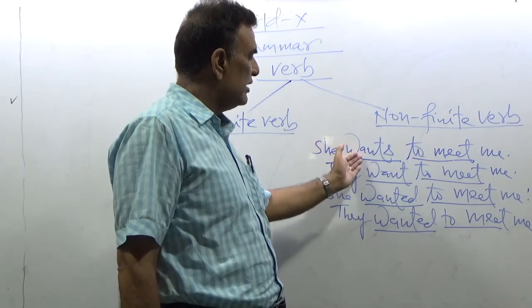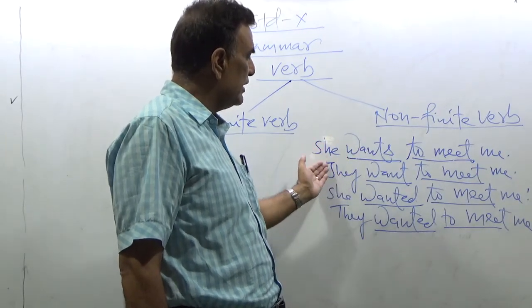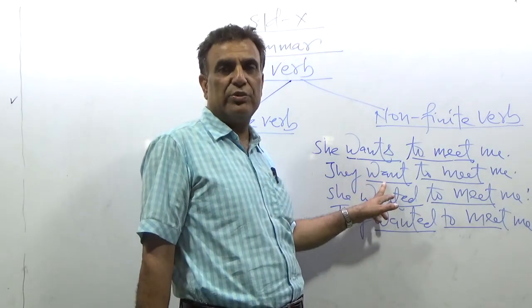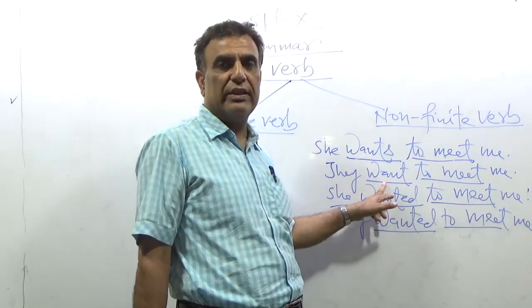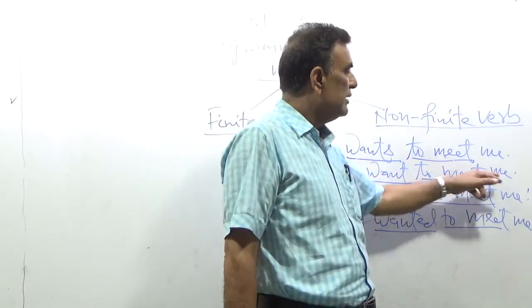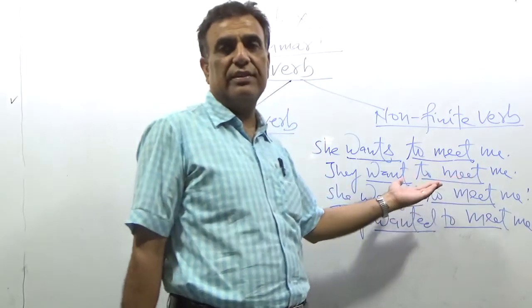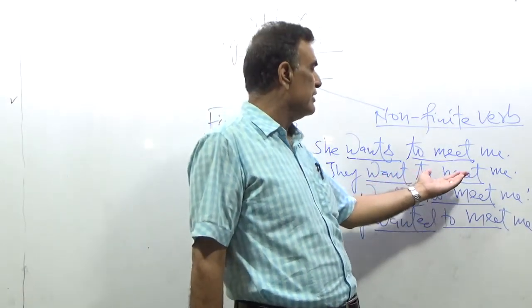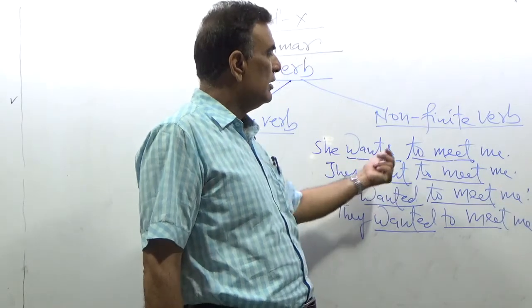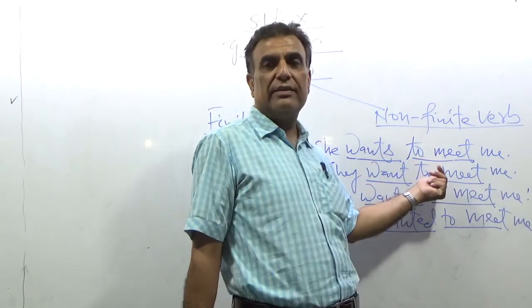With she it is wants, but with they, when the number and person change, it becomes want. But to meet is constant. It does not change. Even when she becomes they, wants becomes want, but to meet remains the same.